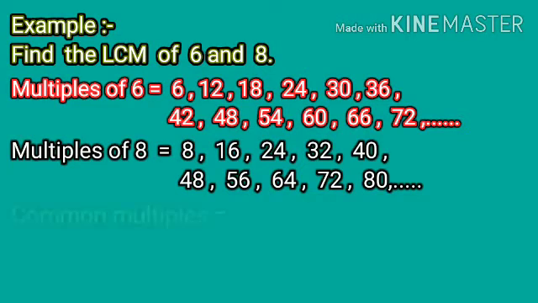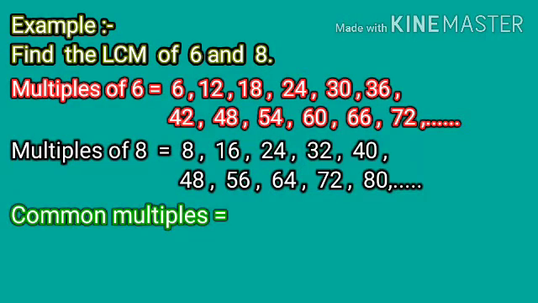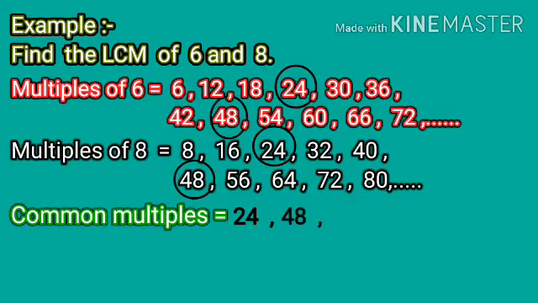Next, we find the common multiples. Please look at the multiples of 6 and the multiples of 8. What are the common multiples? Common multiples are 24, then 48, then 72.